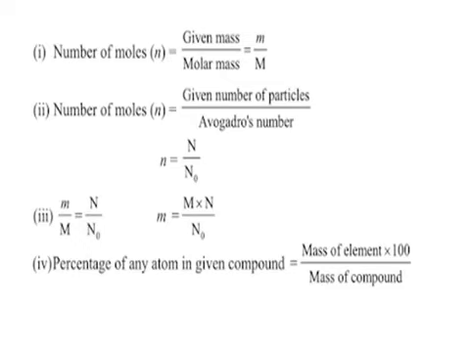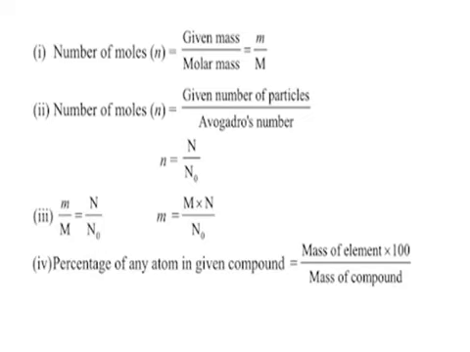Both these formulas enable us to calculate the number of moles. Take formula number 1 and formula number 2. Both of them are used to calculate the number of moles. Therefore, the right sides must be equal. What are on the right sides? Small m by capital M, which is equal to capital N by N0. That means given mass by molar mass is equal to given number of particles divided by Avogadro's number.